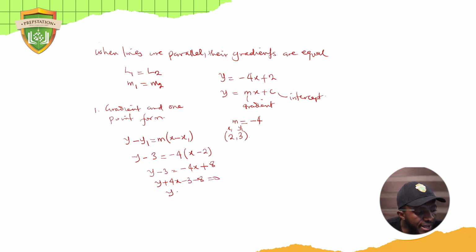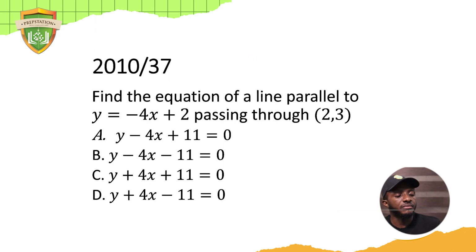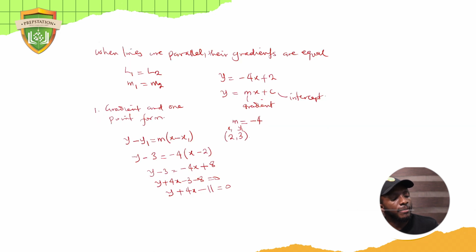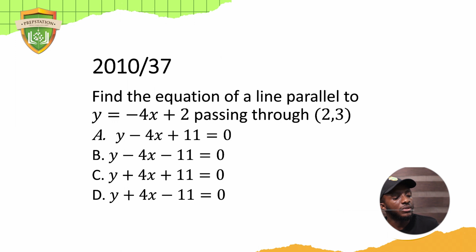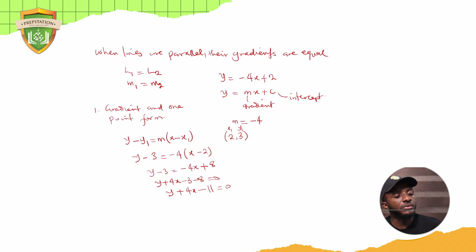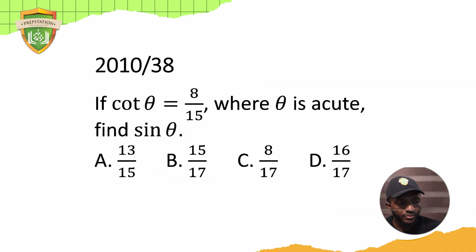So y plus 4x minus 11 equals 0. I'm sure this one is easy. So y plus 4x minus 11 equals 0. That's the correct answer.